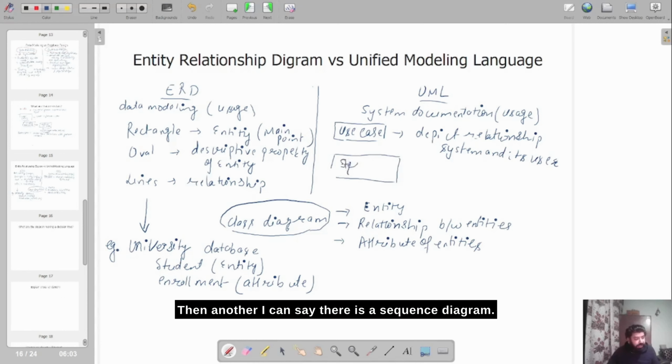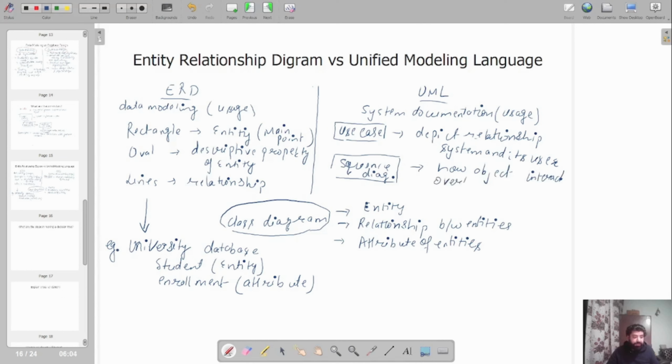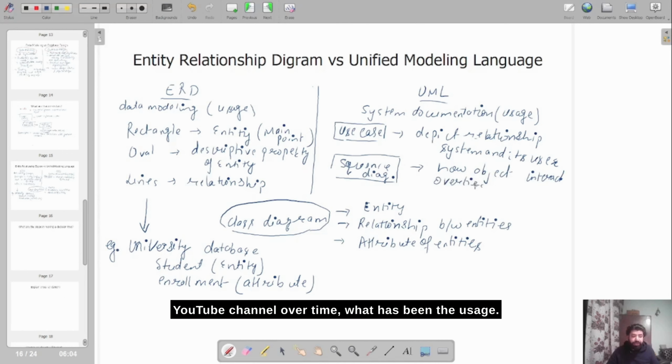Then another, I can see there is a sequence diagram. So I'll just write sequence diagram, and it shows how the interaction has been over time. So how objects interact over time. So how exactly people are using my YouTube channel over time, what has been the usage. That is what exactly this type of diagram shows.